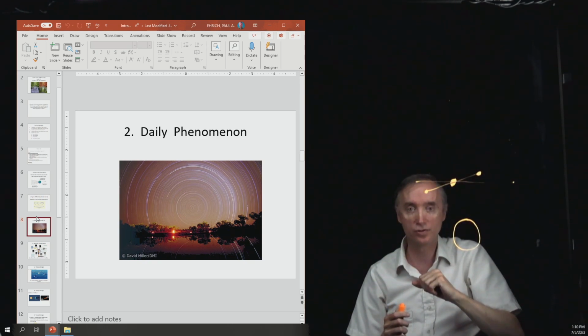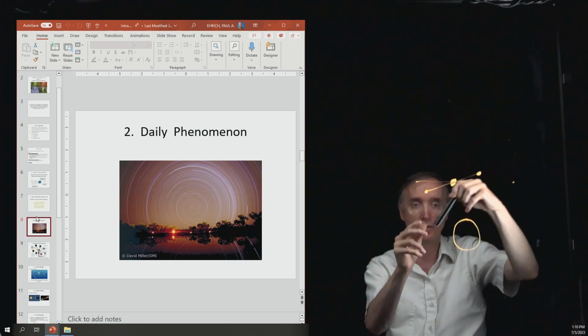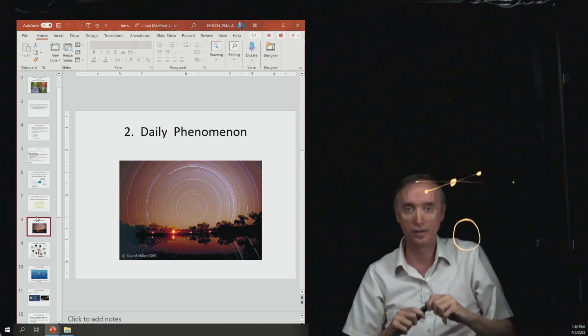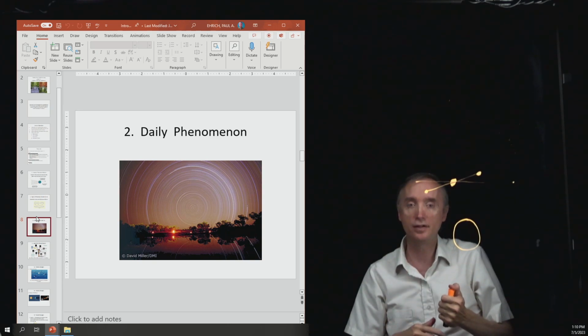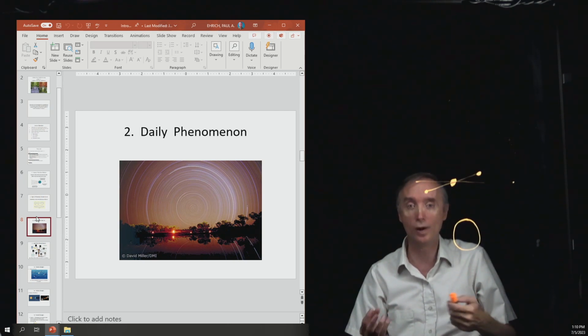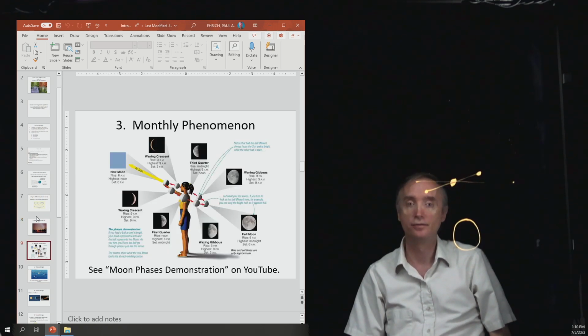So which of those two things, does it have to do with the spin of the Earth, or does it have to do with the orbit of the Earth? Okay, and the answer is the spin. Okay, so for Venus, because it spins backwards, that means that the sun appears to come up in the west and then sets in the east. All right, monthly phenomena.